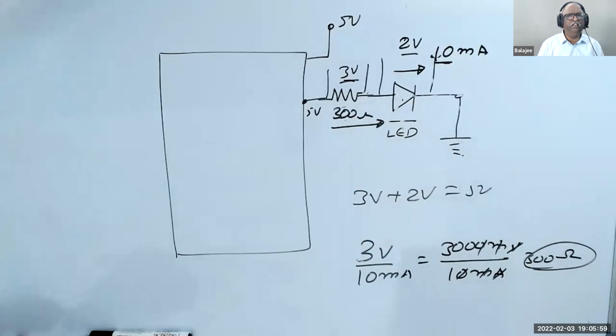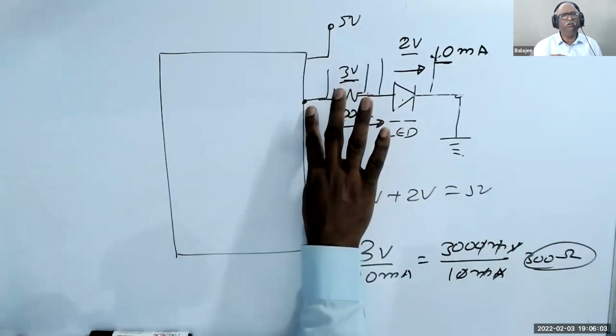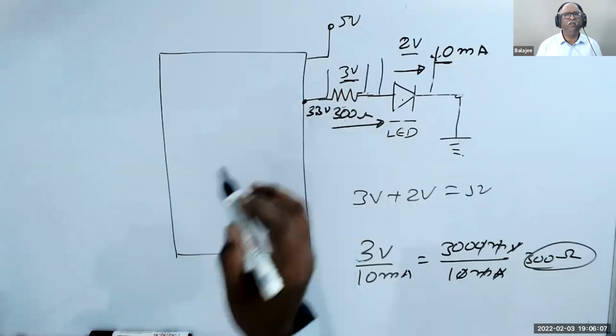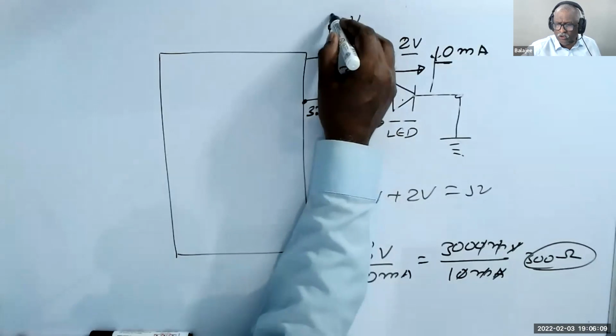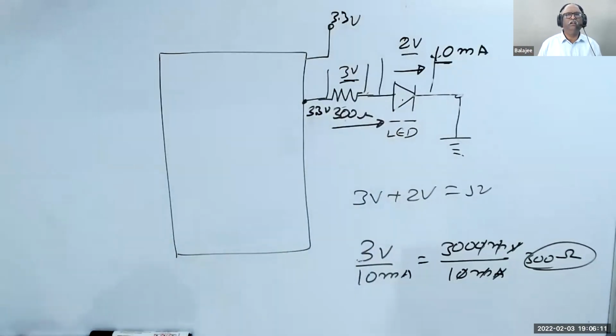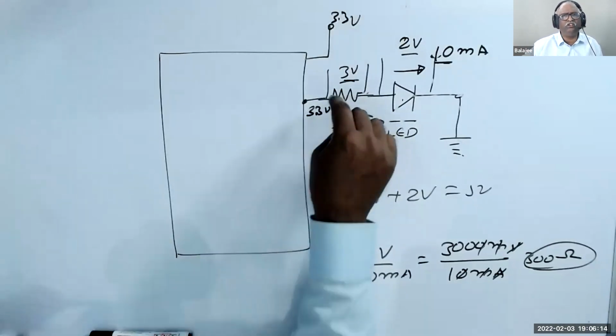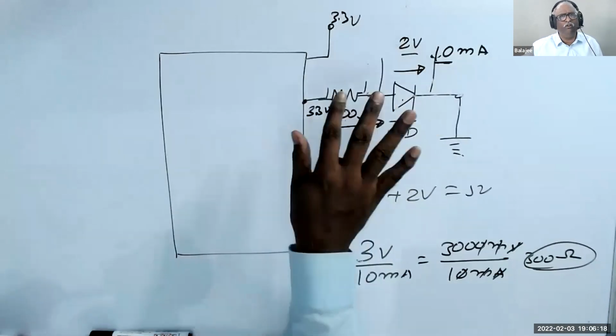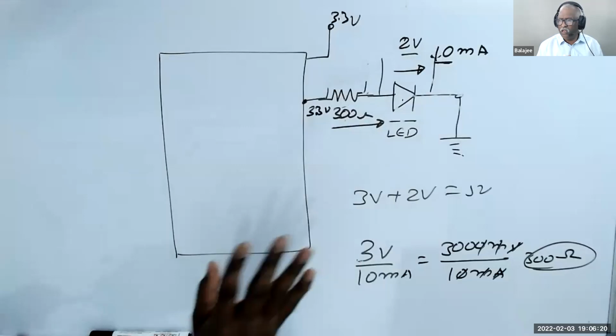In the interviews or tests, just to confuse you, they will put 3.3 volt. They will give a supply of 3.3 volt. And if they ask you what is the value of the resistor, you might think it's always 300 ohm. That is wrong.